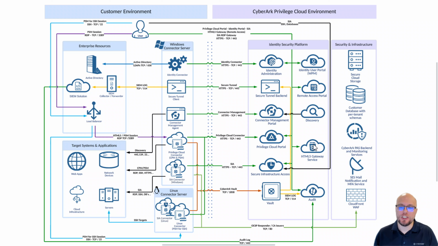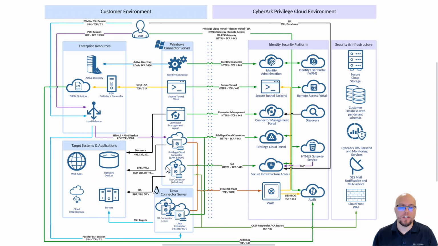Next, I'll talk about the HTML5 gateway. So let's say the user is outside the environment or wants to make connections to their target systems within their web browser. They can do that. So they simply web browse to the CyberArk Privilege Cloud portal. They'll click on the target they want to connect to. That will open up a new web browser tab where the HTML5 gateway will make a connection through the SIA service.